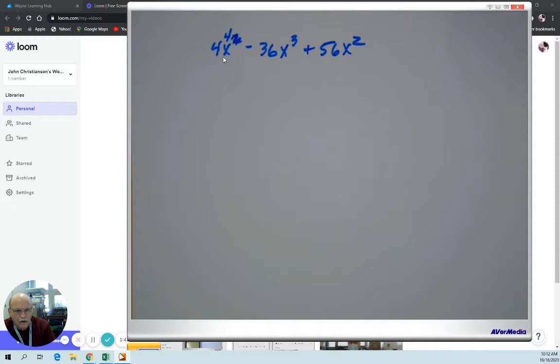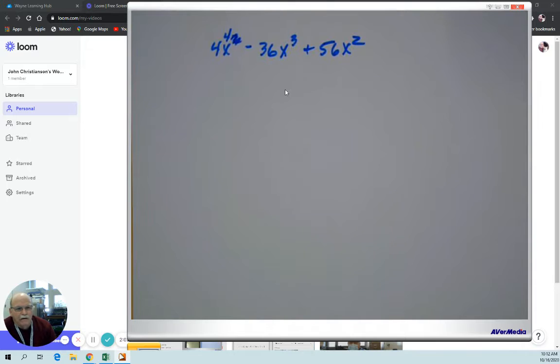So first thing I want to do is concentrate on the coefficients. Now this 4 is on this x to the fourth. If we look at this, the first logical thing to do would be to see if 4 goes into each one of those.